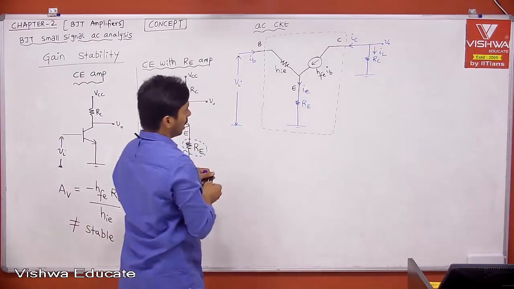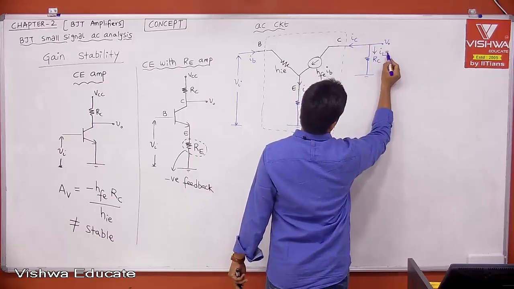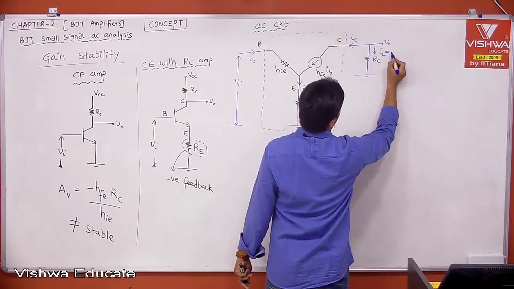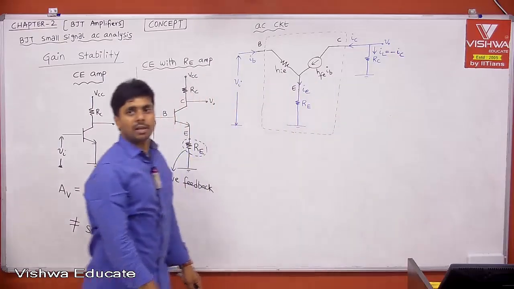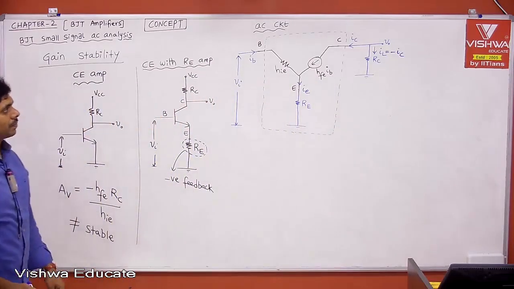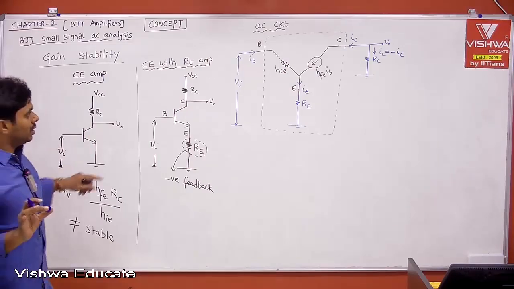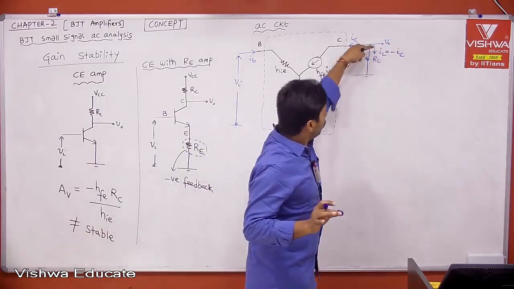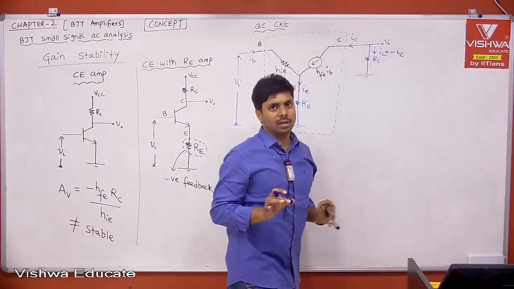But for the load, both are opposite, because the current entering the load is the load current. Therefore IL is equal to minus IC. I just drew the AC circuit, representing input voltage, input current, output voltage, and load current, which is opposite to the real current flow, the collector current.